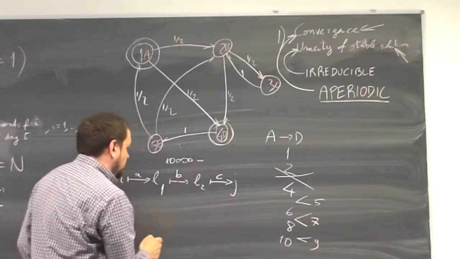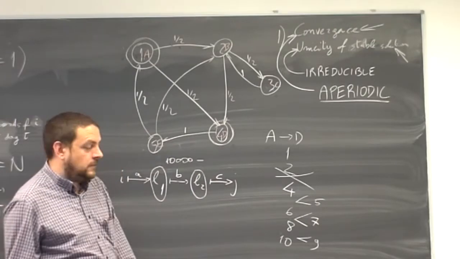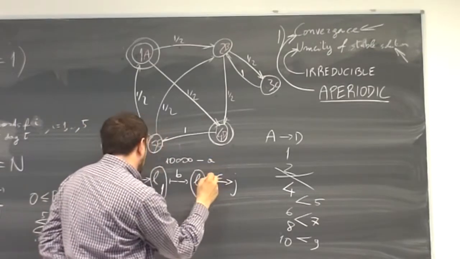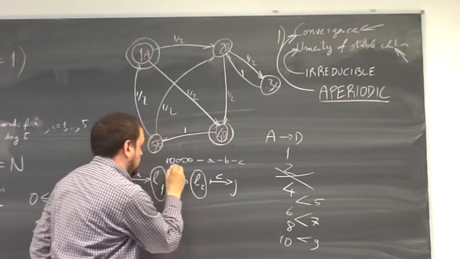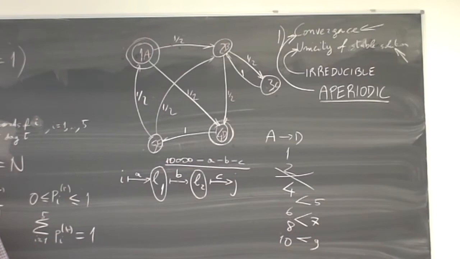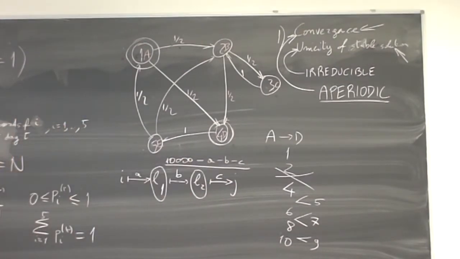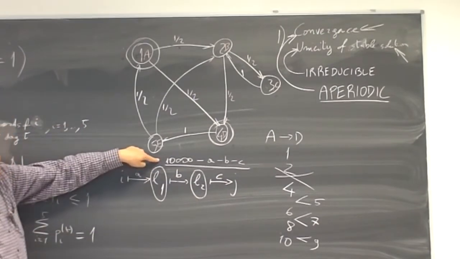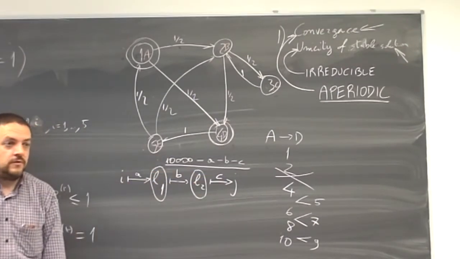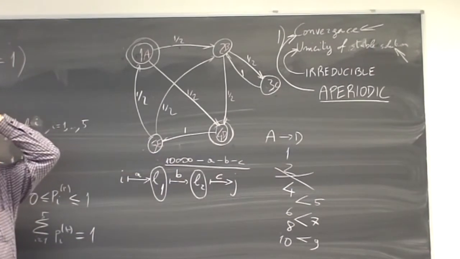Then you just need to execute loop 1 and loop 2 so that you make this number of steps: 10,000 minus A minus B minus C. And this is always possible provided that this number is large enough to accommodate at least one of the loops.